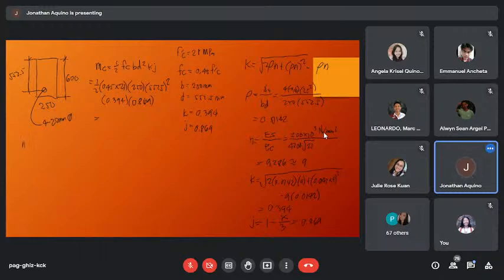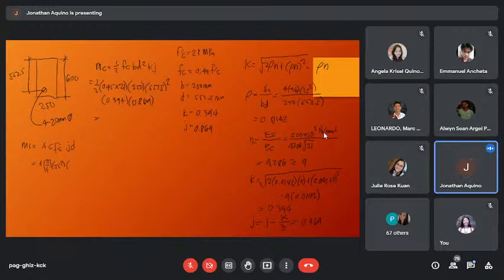Same with the moment capacity of steel. MS is equal to AS FS times JD. So we have AS, we have FS, and we have JD. AS is the area of 4 bars of 25 millimeter diameter, so 4 times pi over 4 times 25 squared, times FS.